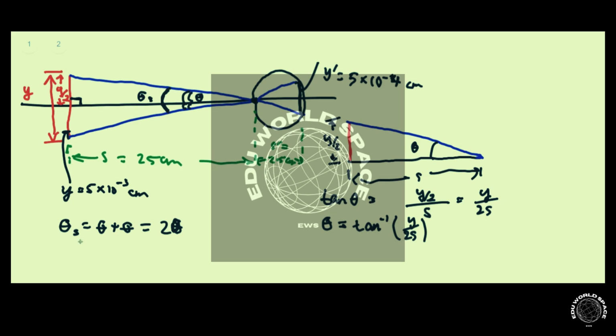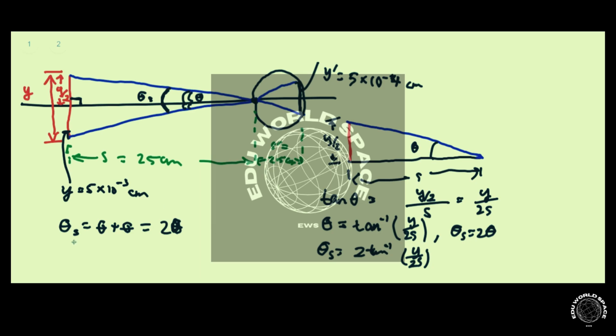Okay, but my goal is to find theta s, so that's twice theta. So we know theta, and then theta s is 2 theta. So then theta s is twice tangent inverse of y over 2s.